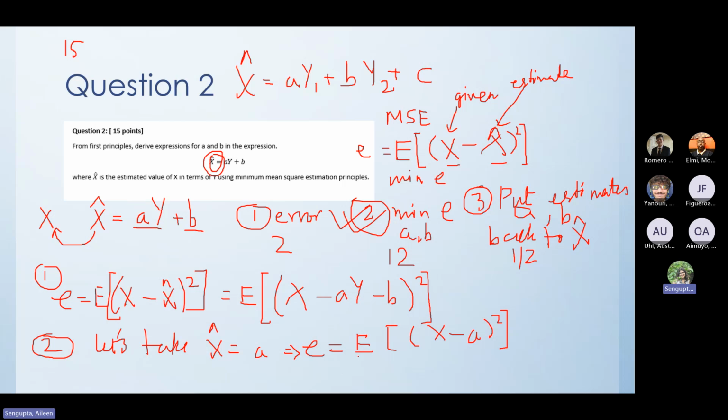If you expand this, you'll get expressions like this: I'm skipping one step and just writing x squared minus 2a times the expected value of x, and you'll see in a minute why I'm doing this, plus a squared, because the expected value operator does not have anything to do with it.